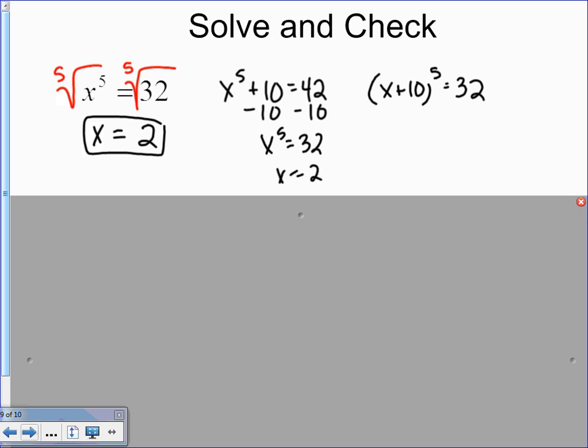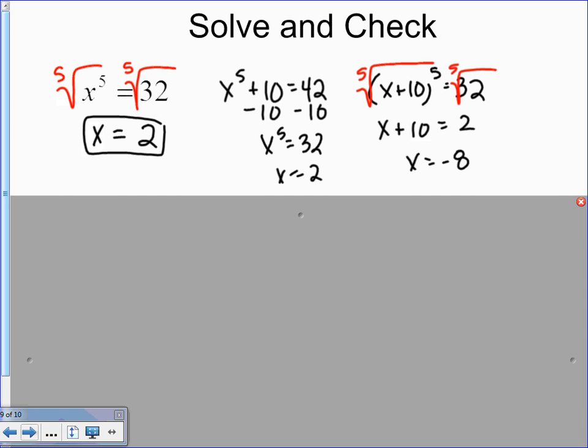Well, you want to undo the 5th, so what undoes the 5th? A 5th root, right? You're going to start by taking the 5th root. We did problems like that back in chapter 3, where we took the square root. So we take the 5th root of both sides, and then we'll just have x plus 10 equals 2, so x must equal negative 8, which is 2 minus 10.